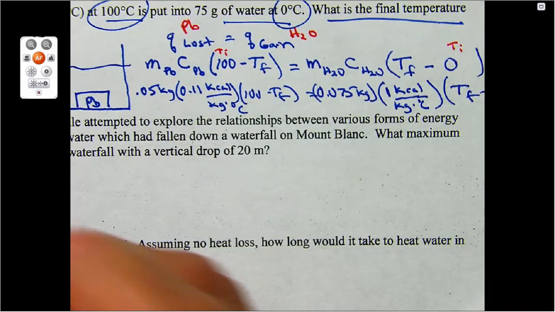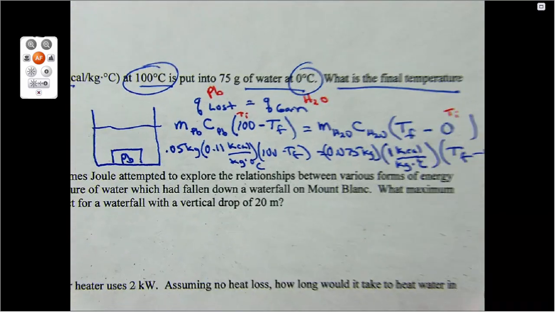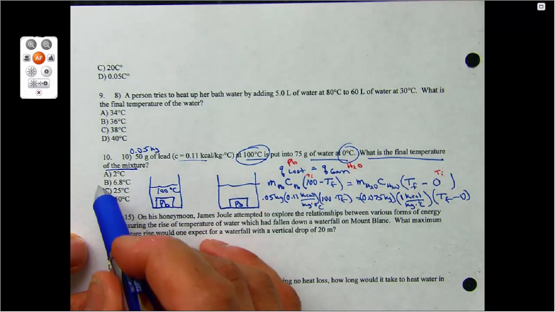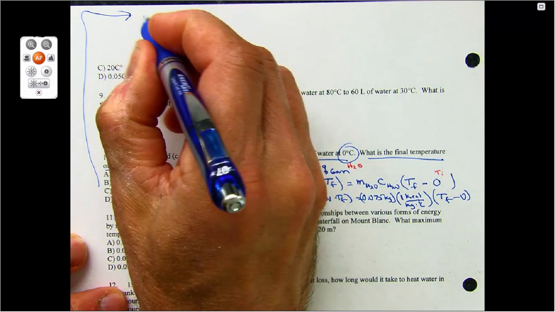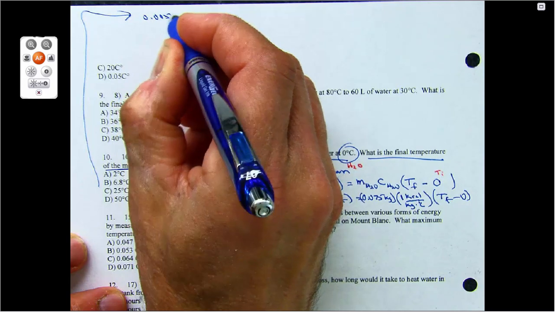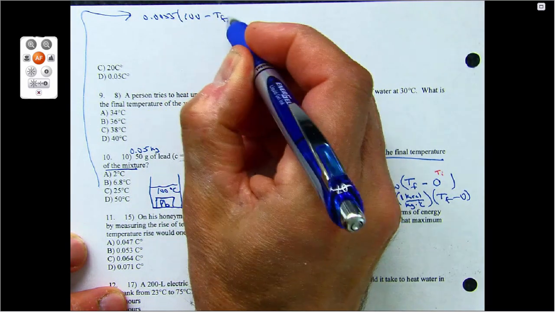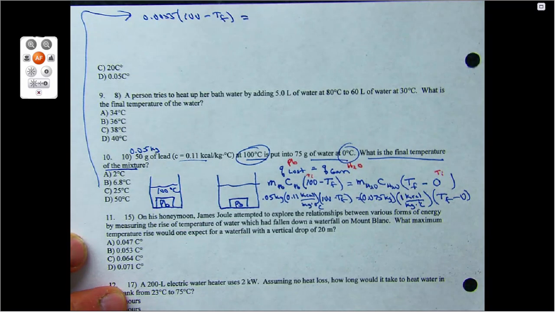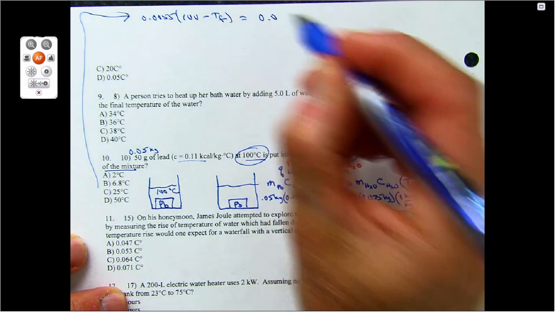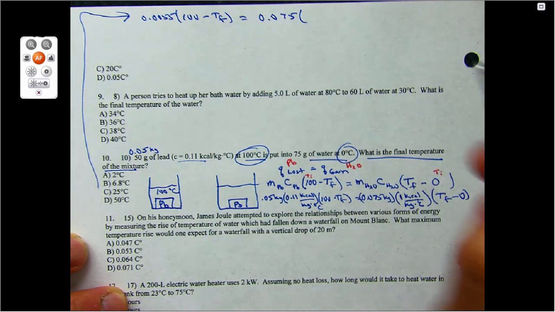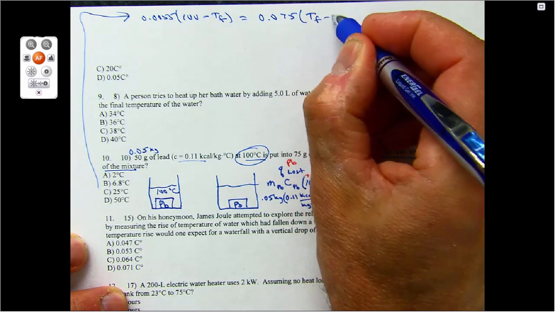Okay, so let's take this up to the top to finish this. So 0.0055 times 100 minus T final equals 0.075 times T final minus 0.